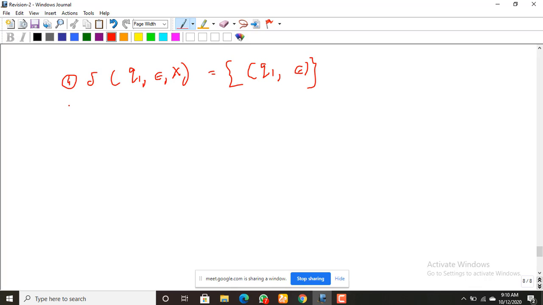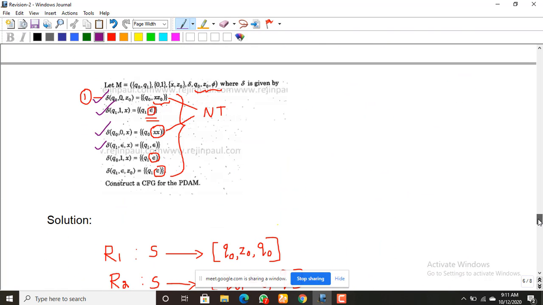So I am going to write rule number 12. Q1 x, this x will come here and Q1 which brings this epsilon. This is rule number 12. So 4 is over.